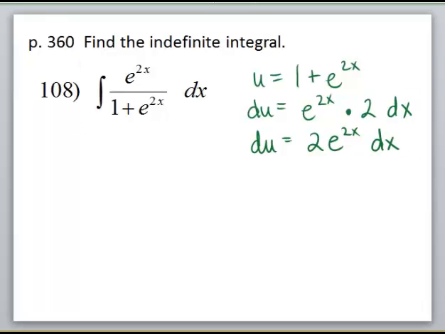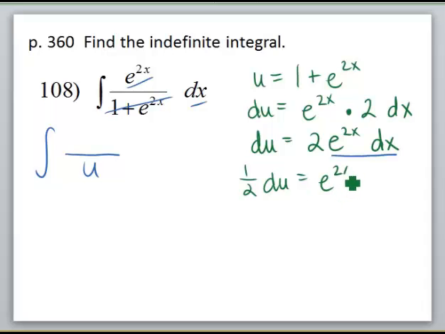So when I start to rewrite this integral here, I have the u on the bottom, and I need just an e to the 2x dx, so just this portion. So what I need to do is solve, and I will do so by dividing by 2 on both sides. That gets me my e to the 2x dx by itself.